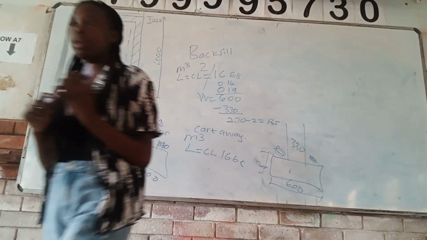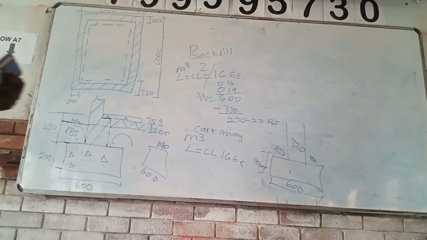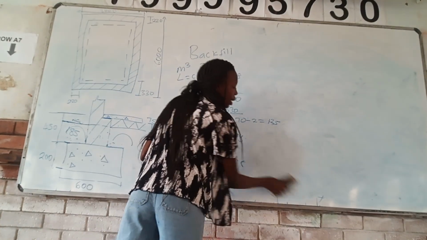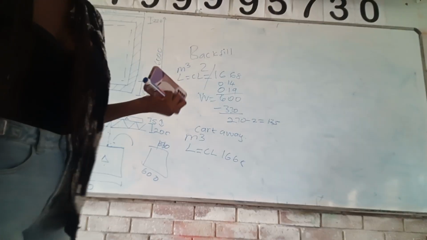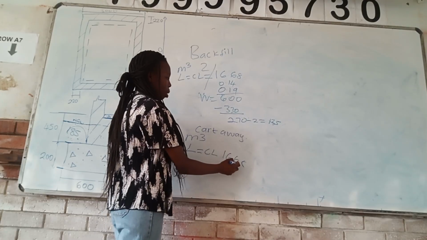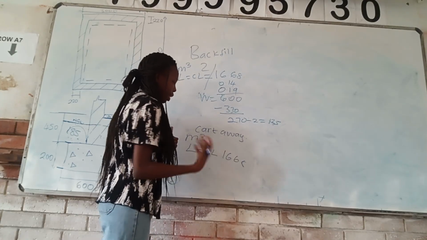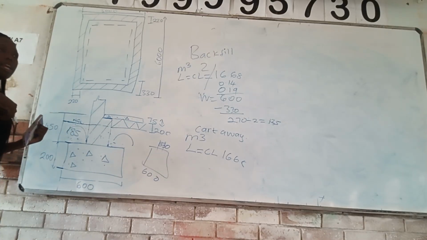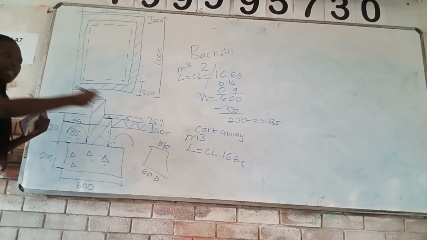Okay. So let us first do the cutaway to the concrete. I don't think it matters whether you start with the concrete or the brickwork. So the cutaway to the concrete is 16.68, the center line, the length, and then the width 0.60. Remember, it is the soil that has been removed.